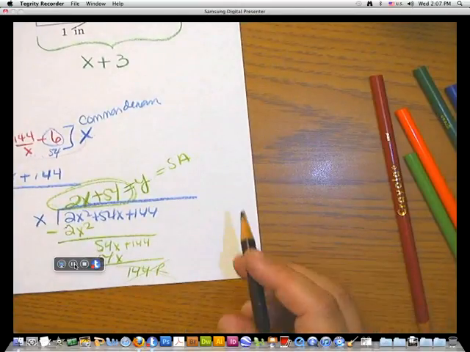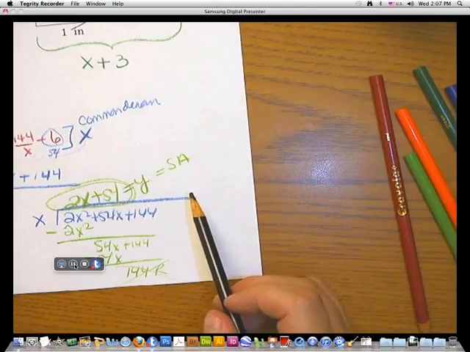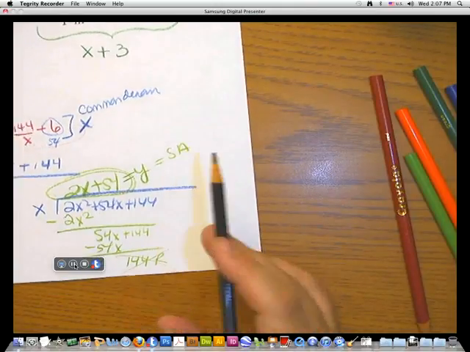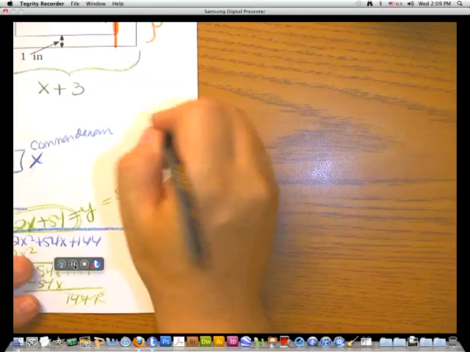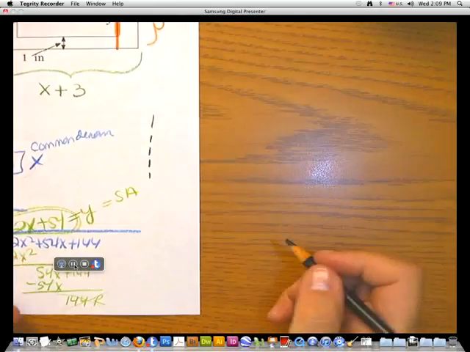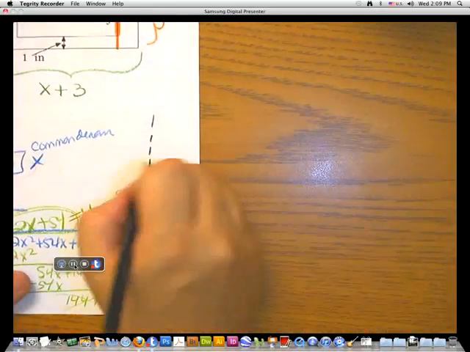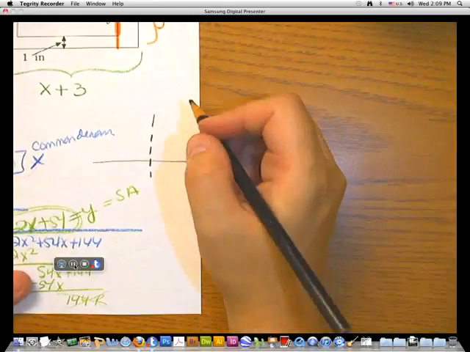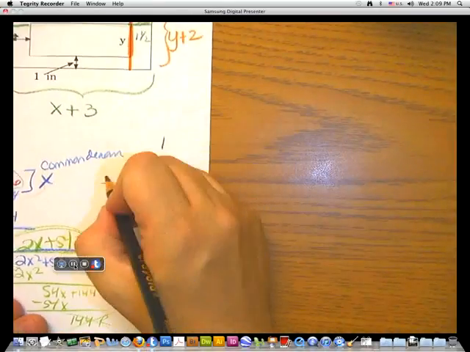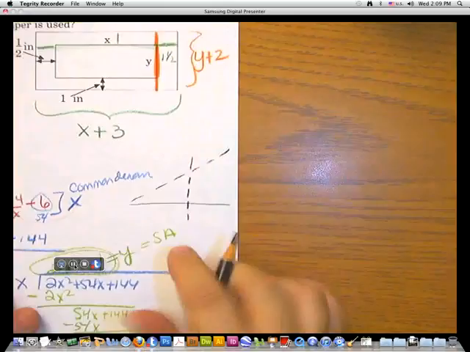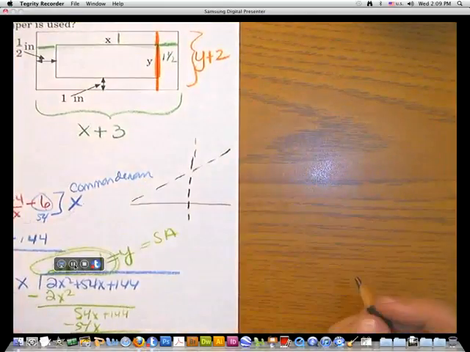So if I go and try to put in our information here. Alright, when I look at this graph, I know that I have the vertical asymptote, my x-axis. Somewhere up here I have 2x plus 54 is my other slant asymptote.